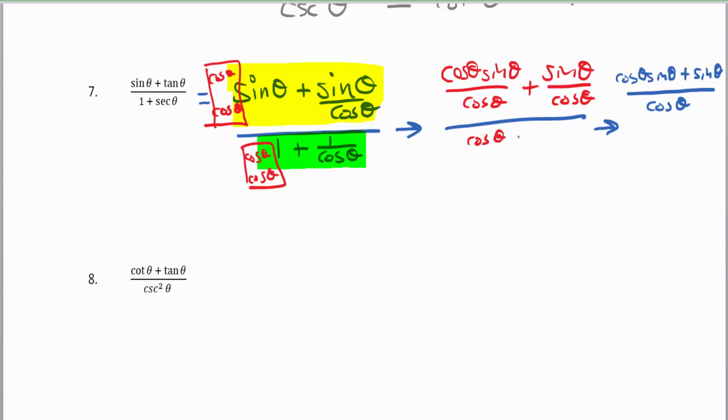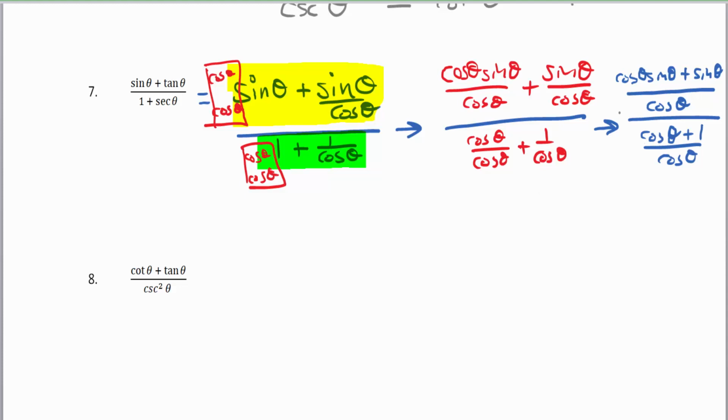This gives me cosine theta over cosine theta plus 1 over cosine theta. And then I can combine that over here to cosine theta plus 1, all divided by cosine theta. Okay, so looks like everything is going pretty straightforward here.